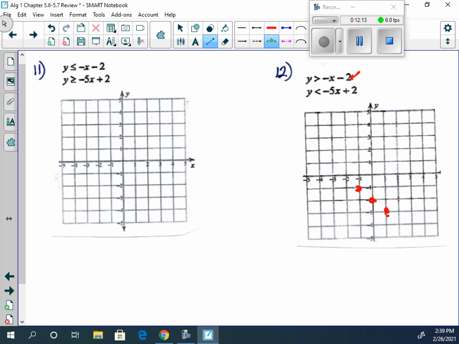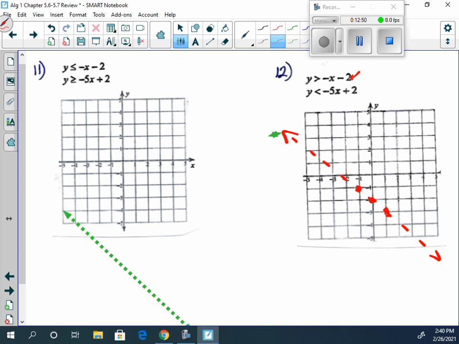So this one here, the line is going to be dashed because it is not equal to. So we have our dashed line.